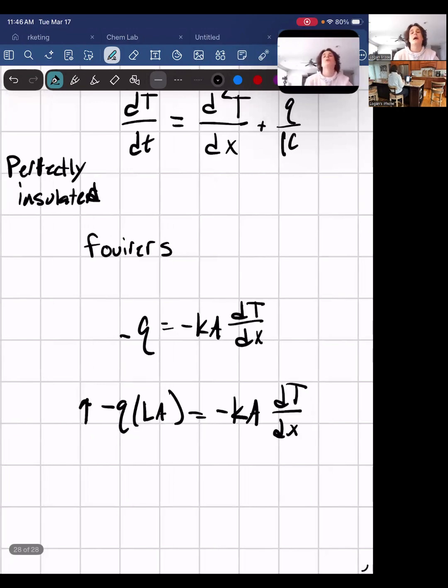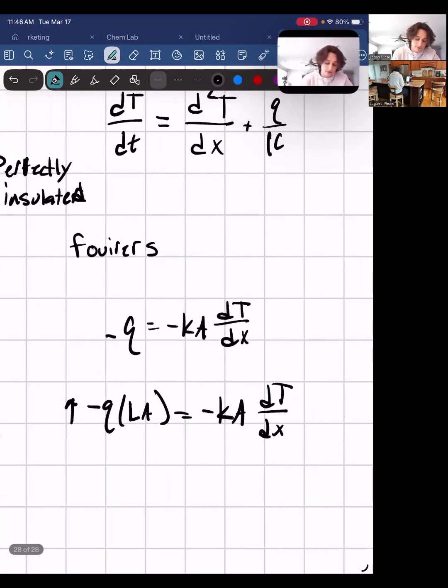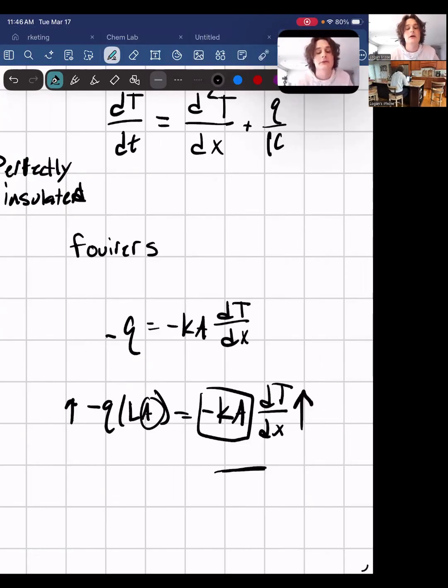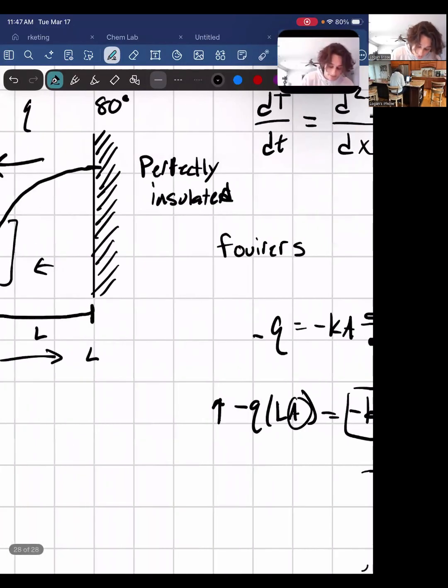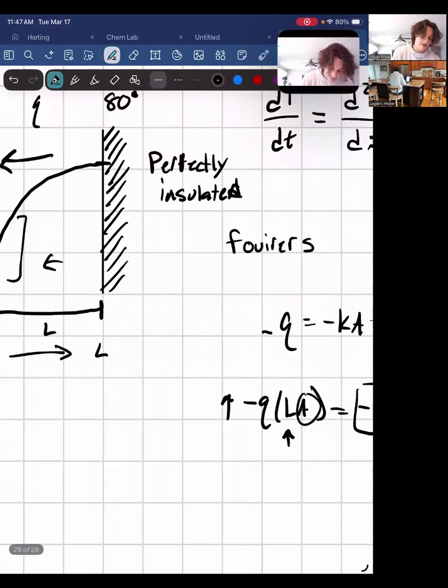And so to counteract that increase, something on this side has to increase. Well, our KA is not going to increase, right? That's our thermal conductivity times our area. That's not changing, right? We know this isn't changing either, right? That area is not changing. So this has to be increasing. And so as our slope increases, our negative q increases, so it gets steeper, right? Also, our L is increasing, right?